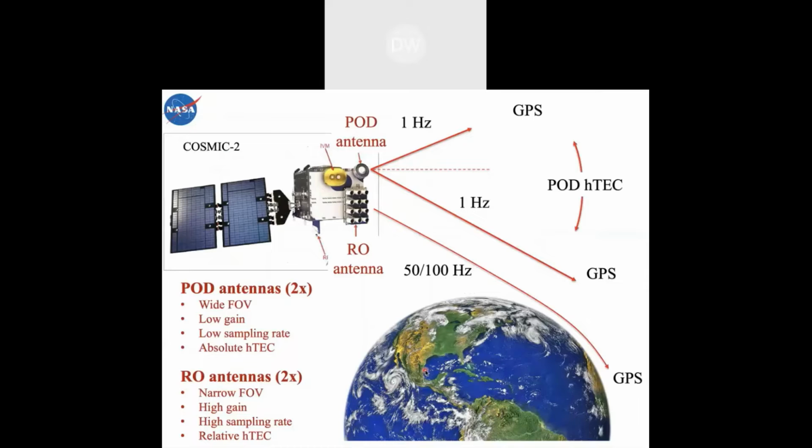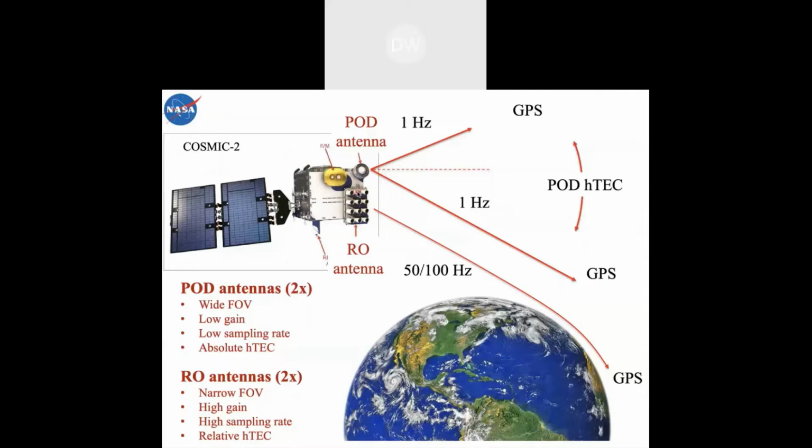Hardware-wise, I'm using COSMIC-2 to give you the ballpark. This is like a cube, meter-cube size, and you have two major antennas to receive the signal from the GNSS transmitter. One is a POD antenna to give you the position, with a very broad field of view up and down, looking for signal.